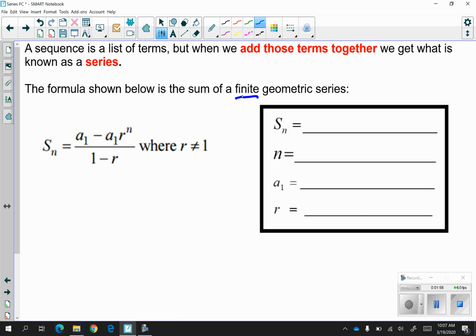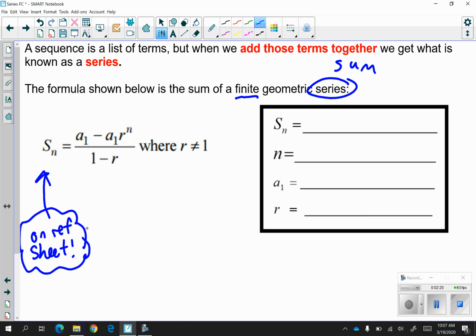Because that can really go on to infinity because there's always another term that you can find. And also because it says series, we should be keeping in mind we're finding the sum. The nice thing about this is that you don't have to remember the formula. It's on the reference sheet. And it's actually pretty simple to use.